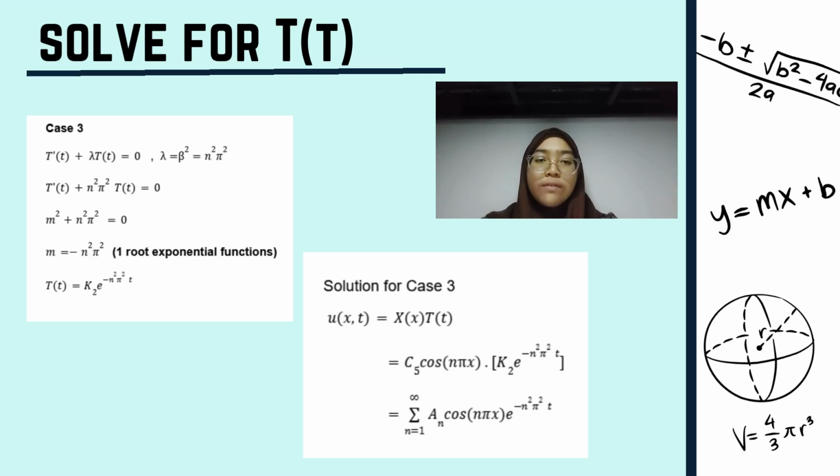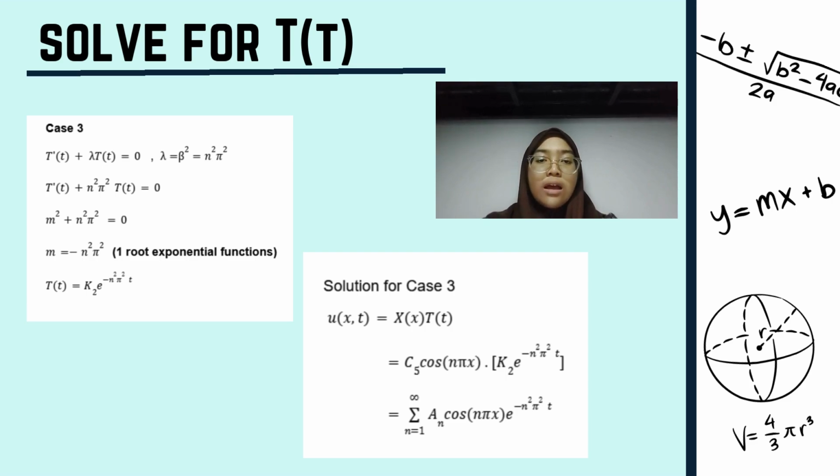Then we will solve the formula, and we will get one root exponential function. So the value of m is equal to negative n squared pi squared. And then we will obtain the value of T(t) equal to k2 exponential the power of negative n squared pi squared t.